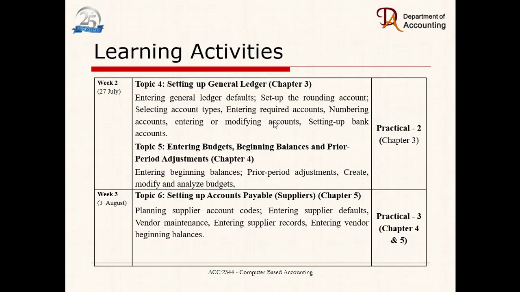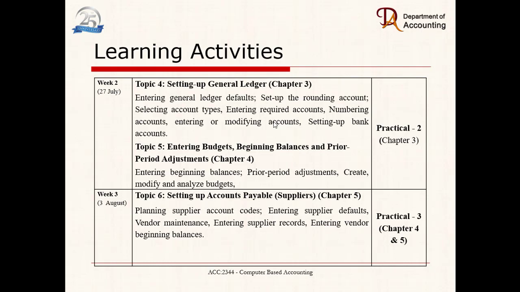Normally, for a particular period, we would have the budgets, and we can get the actual information from the financial statements. So we would set the budgets as well as the actual figures in the financial statements.